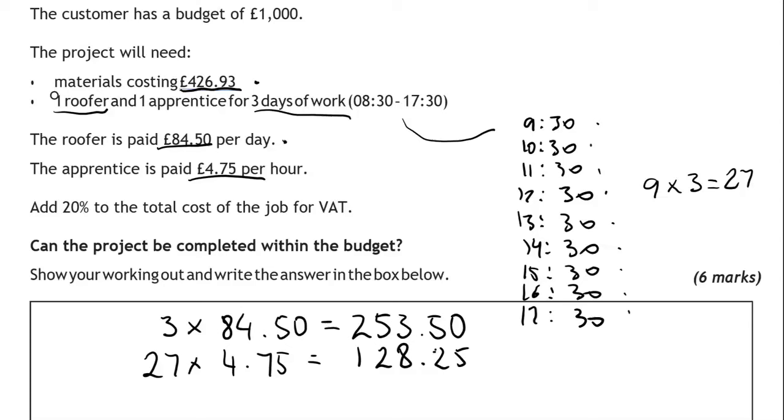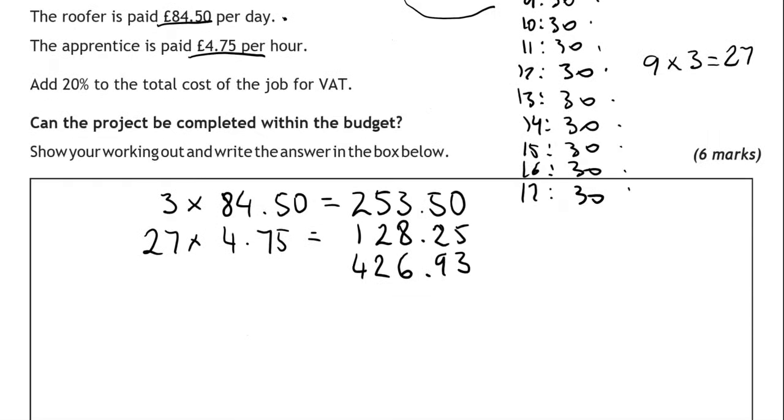The cost of the materials was £426.93. So if we add all of them together, and you can use a calculator here, it gives us £808.68. Now the final thing is to add 20% of the total cost for VAT.